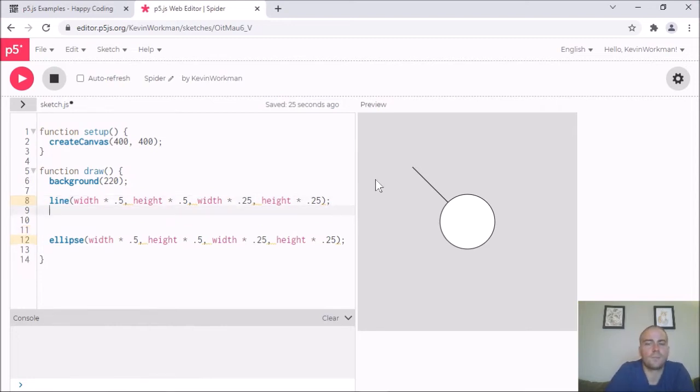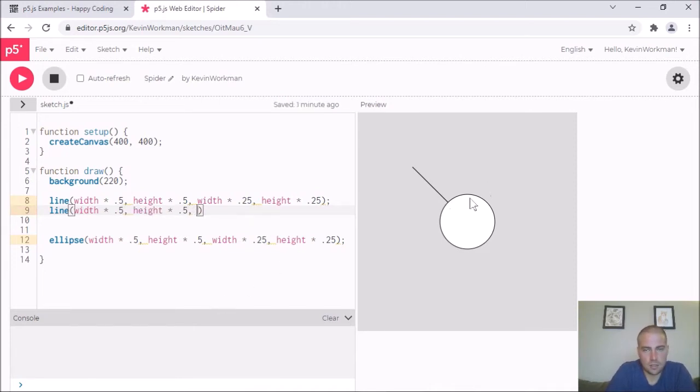I'm wondering, should I go all the way down the left side, or should I go left, right, left, right, left, right? I think I'm going to go left, right, left, right, left, right. So all of my lines are going to start at the center point, which is width times 0.5, height times 0.5. That's going to be the same for everything.